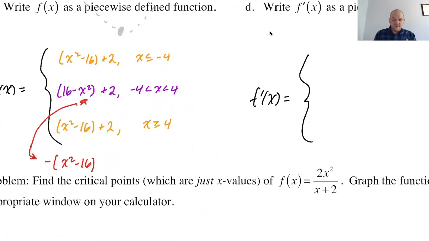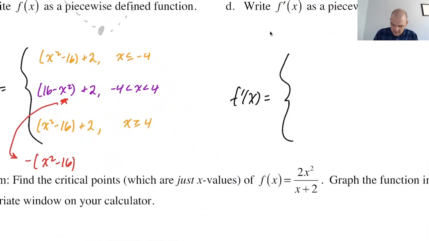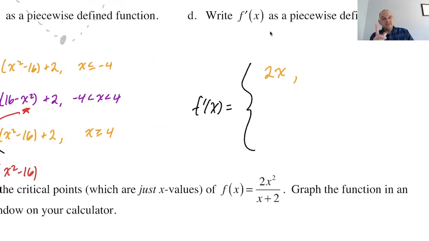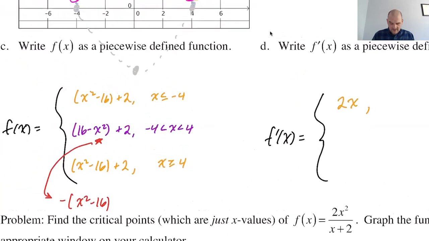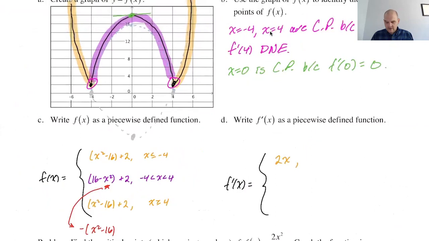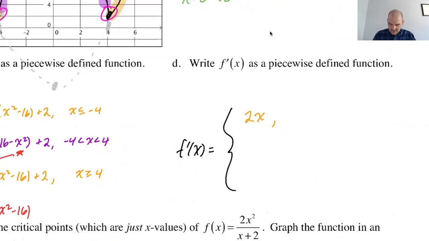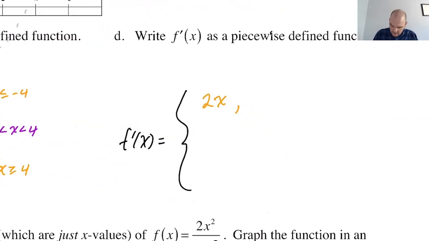It's going to be 2x plus 0, so 2x. But where does that apply? It doesn't apply at negative 4 because we know that at negative 4, f prime doesn't exist. It's a sharp turn on the graph. The slope from the left is negative, the slope from the right immediately positive. There's no smooth transition. So we can't include negative 4. That'll be when x is less than negative 4.